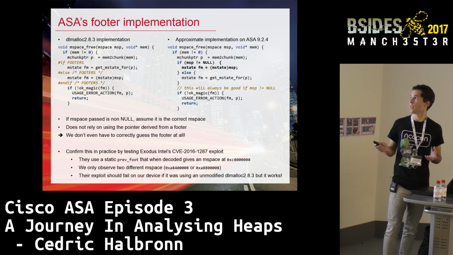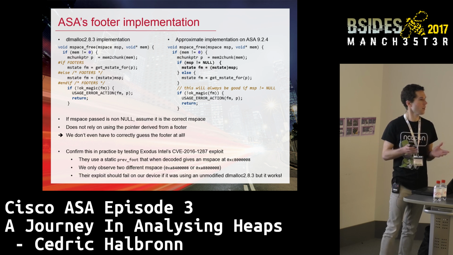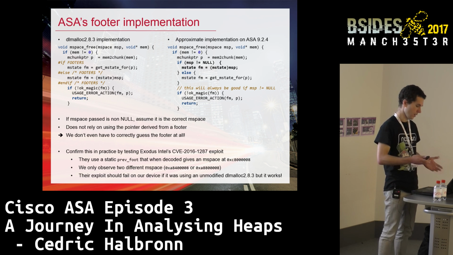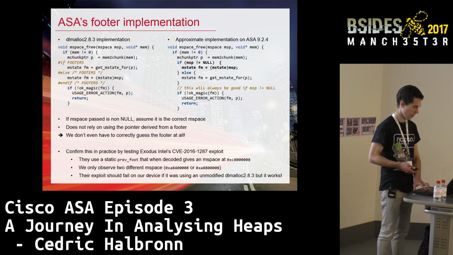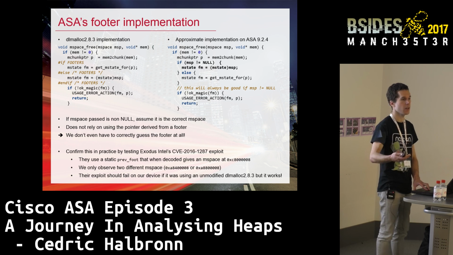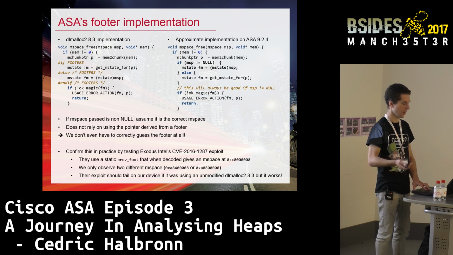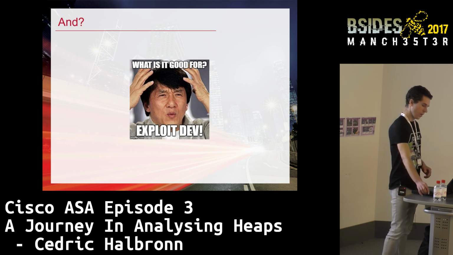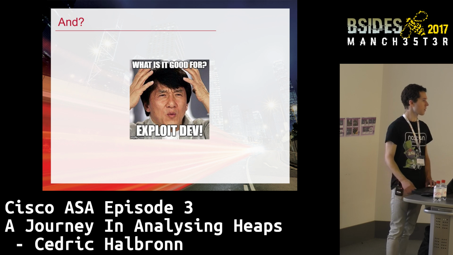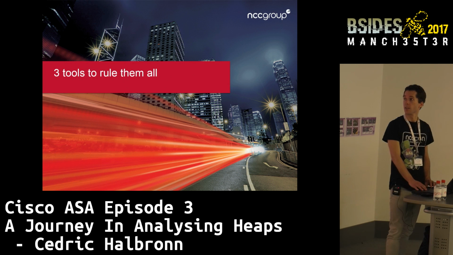And so they don't want to do extra checks where there is no need to. Well, in terms of security, we can see that it actually allowed us to override chunks and corrupt things because there is no check. So what is this good for? Well, let's use our tools to rule them all.